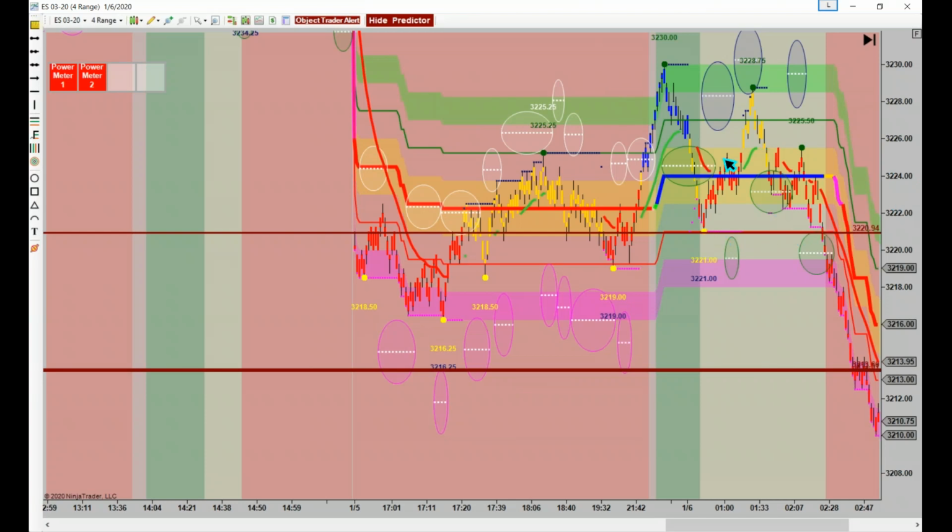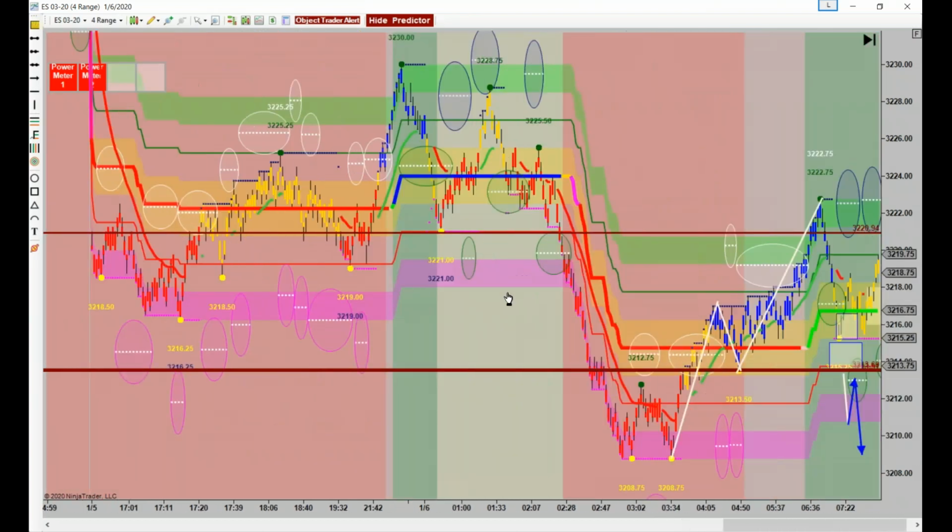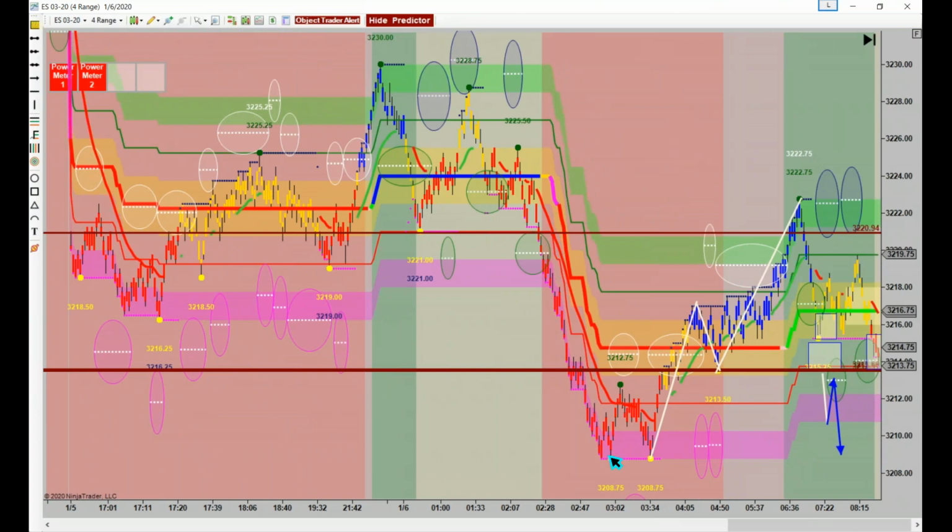The safest trade, notice how it just pinged around over here, wasn't it, when it actually took out Lightning 3? See where that actually took it out with a vengeance and headed down? So you're going to find this Lightning 3 works quite well. There's your thrust up right there. There's your retrace right here. And then this thrust up did not take out the top.